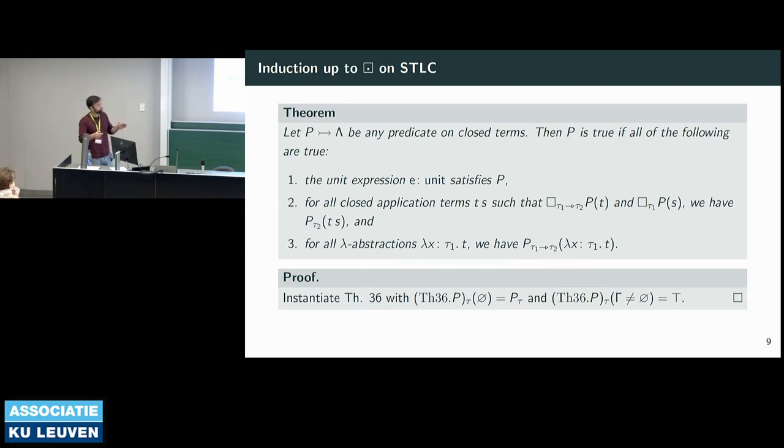The unit expression is in P, not in square P, in P. Not in the logical relation, basically that unit terminates, say. The second one, if you have an application T S like this, and both terms are in the logical predicate, the result is in P, not in square P. You don't prove that the whole term is in the logical predicate, only that it is in the parameter, only that, say, they terminate.